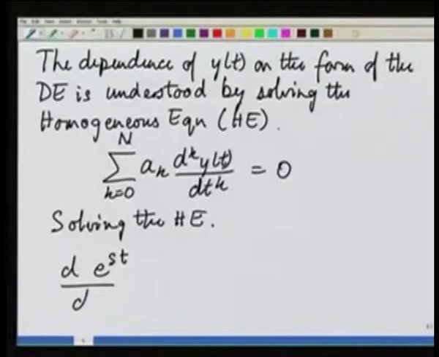Thus, if you take the time derivative of this, all you get is s e to the power st. Since s is a certain constant which is the parameter of the exponential, we see that the result of differentiation is still a function of the same form.